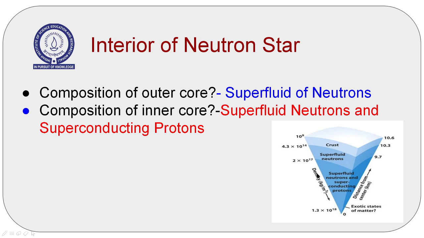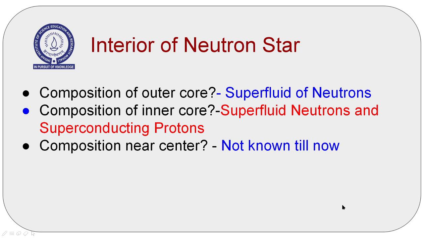Going deeper will lead to much higher density, and at this point, the exact prediction of the core composition cannot be made yet. It may happen that baryons will decompose and quark gluons will be formed. However, we don't have enough evidence yet to predict the center of the neutron star.